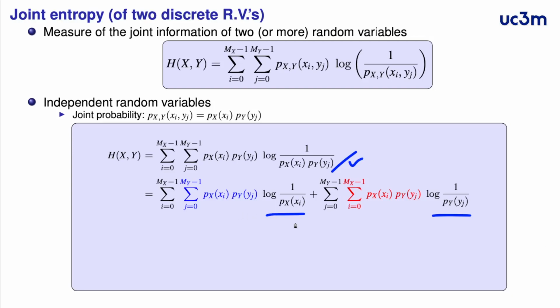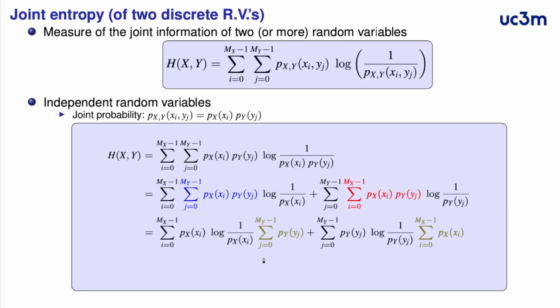And if now we see that the only element that depends on j is this probability of y, and that the only element here that depends on i is the probability of x, and we regroup the expressions, now here we have the addition of the probabilities for all the elements of y, and here the addition of the probabilities for all the elements of x.